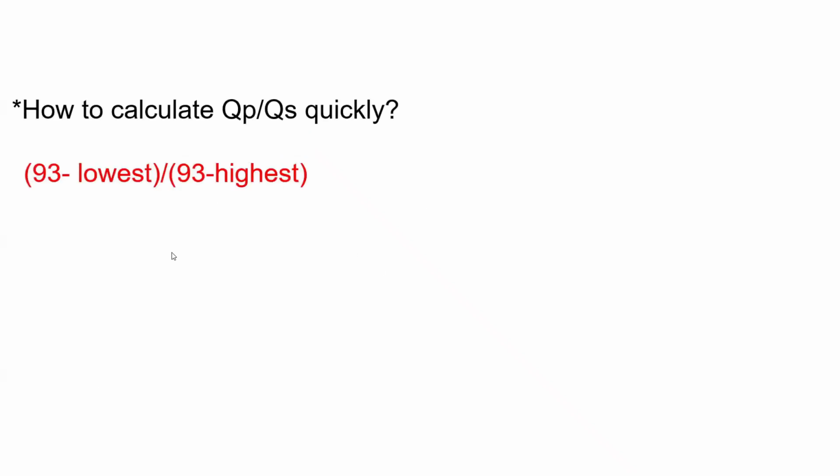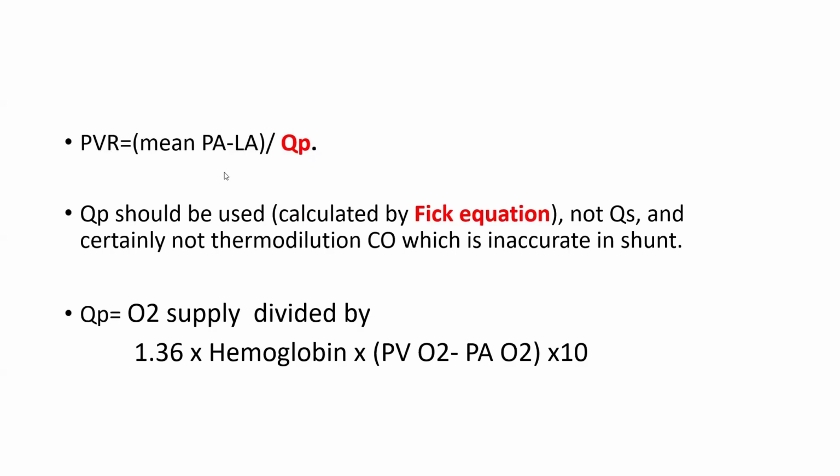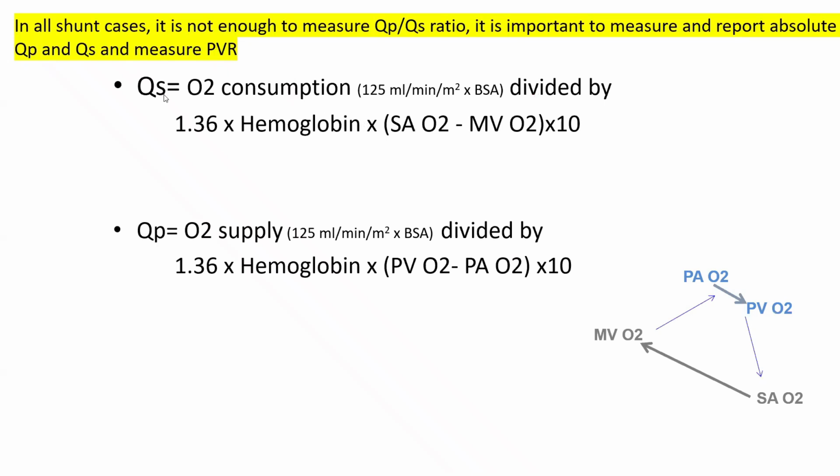You have to calculate in each shunt case QP and QS, not just the QP-QS ratio. You have to calculate the absolute QP and the absolute QS. And PVR would be mean PA minus LA divided by QP on the pulmonic circulation. And this is how we calculate QP and QS using the Fick equations.